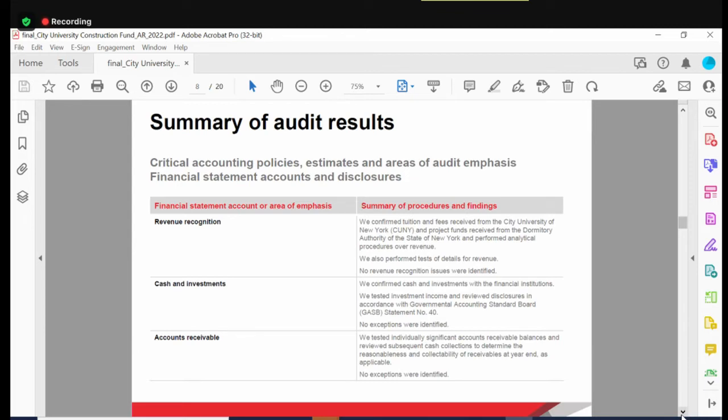No issues identified there. We confirmed cash and investments with financial institutions, and we also performed certain procedures surrounding accounts receivable, and again, no issues there. Next page.